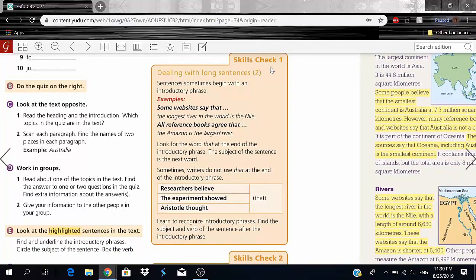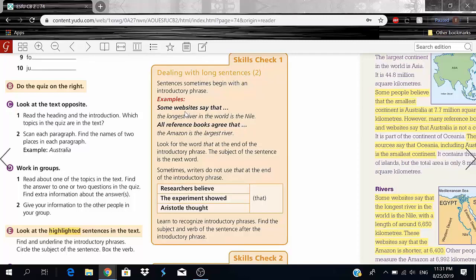Okay? So now, before we move on, let's go to dealing with long sentences. Skills check 2 here. So sentences sometimes begin with an introductory phrase, and I think this one's pretty self-explanatory, you guys. Introductory phrase comes from the word introduction, basically something that starts with an introduction. So we have an example. Some websites say that, obviously, giving an introduction to what I'm about to say. So I don't say the longest river in the world is the Nile.